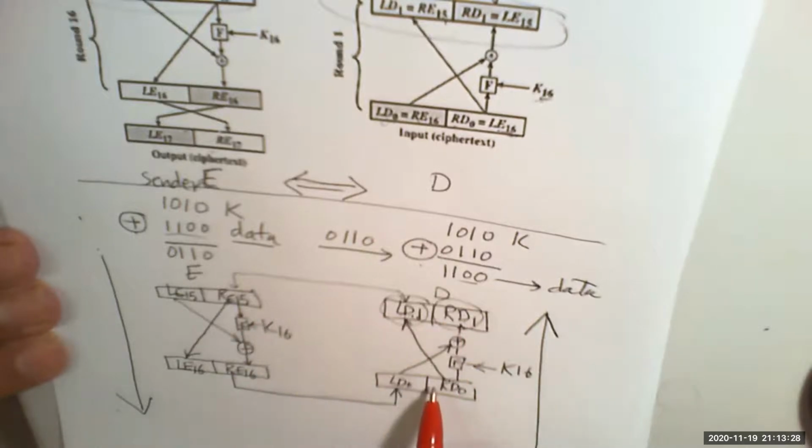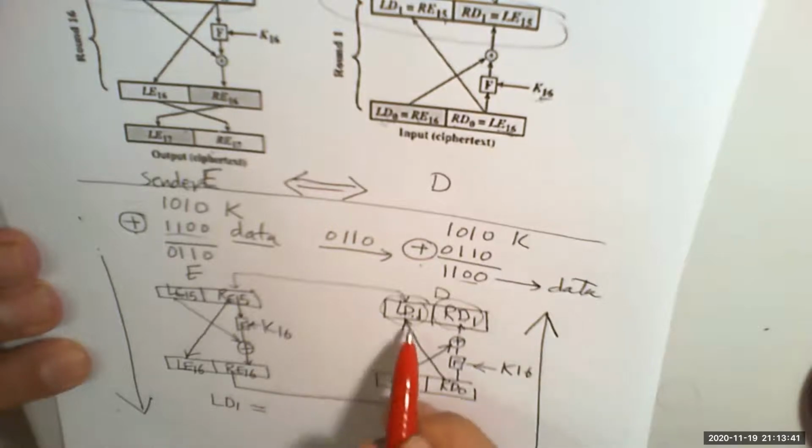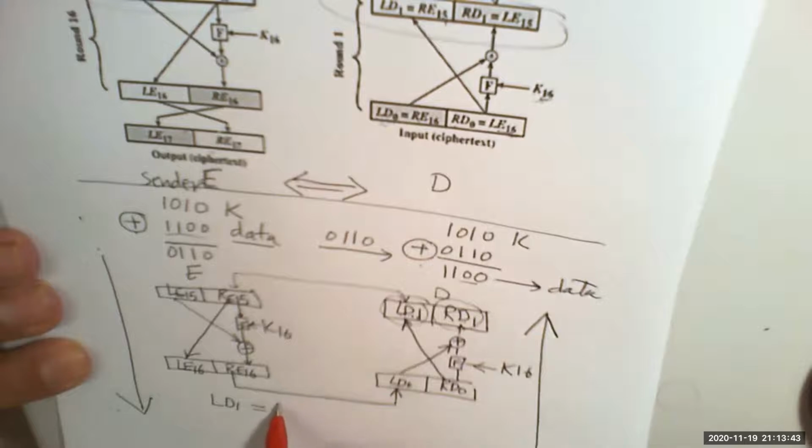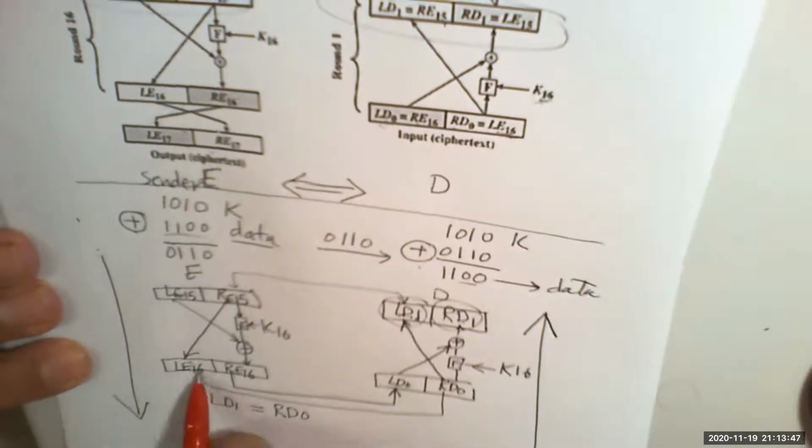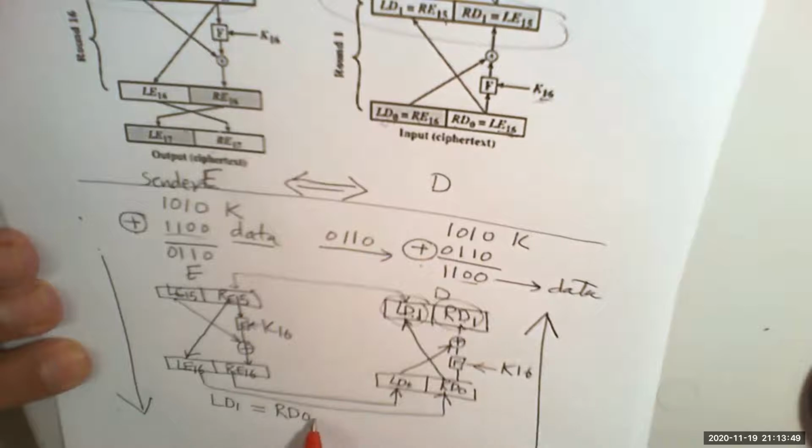Now we move to LD1, this one. LD1 is exactly RD0, which is exactly LE16.